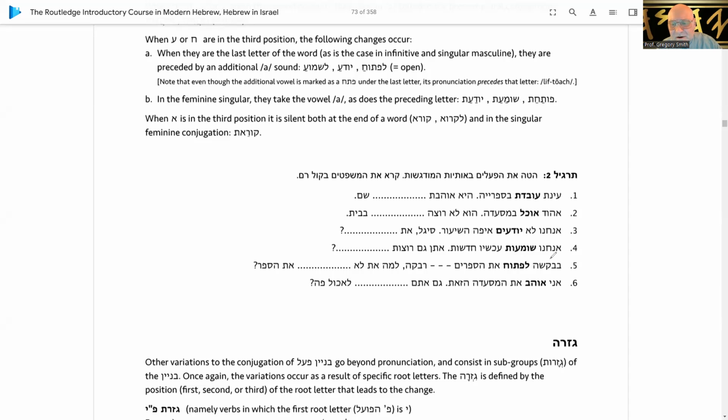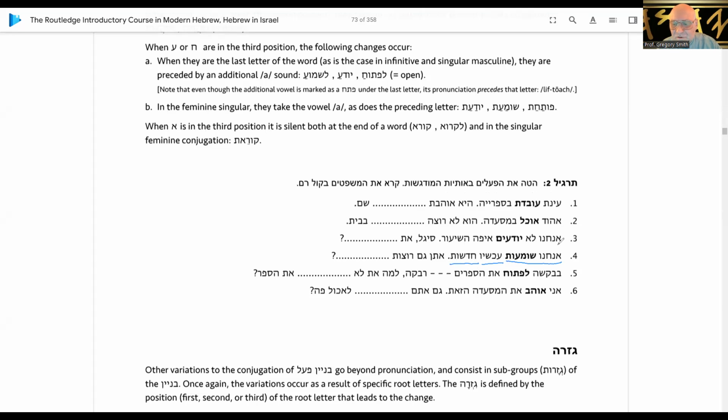Okay, let's see here. We'll go to the next one. "Anaknu shom akshav adashot." Okay, so we are listening. "Akshav" would be like "now," to the news, probably. Anaknu shom akshav adashot.